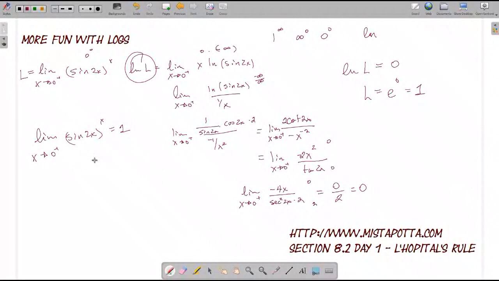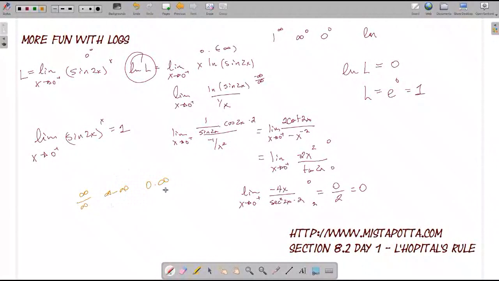What we've done here is we've taken a look at how L'Hopital can deal with other indeterminate forms, not just 0 over 0, but the other indeterminate forms we talked about, like infinity over infinity, or infinity minus infinity, or 0 times infinity.